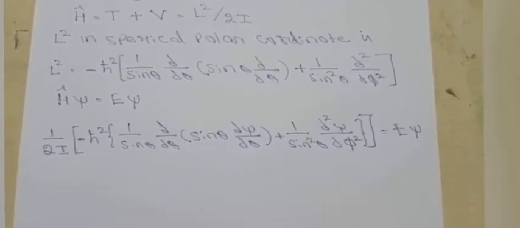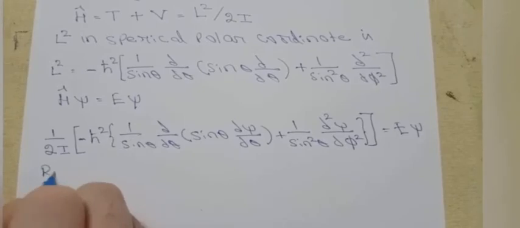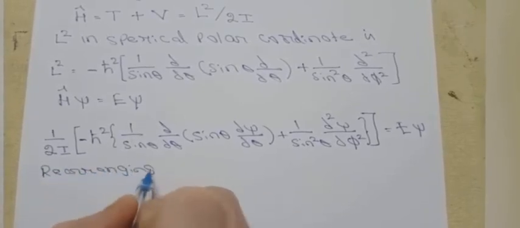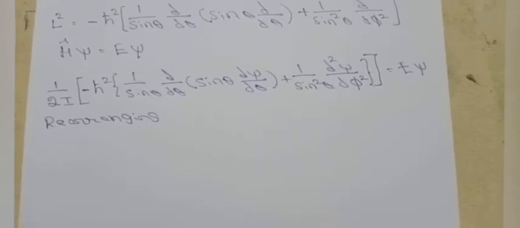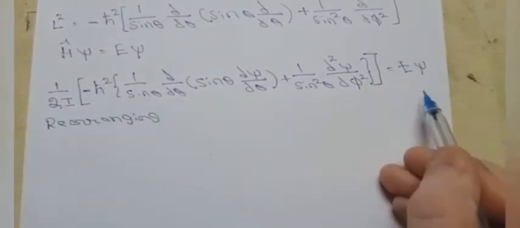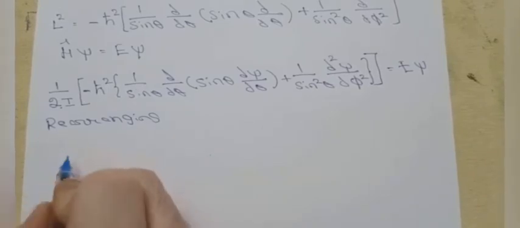So now rearranging this equation, we can take this 2I over here, and h cross can be expanded as h by 2 pi.